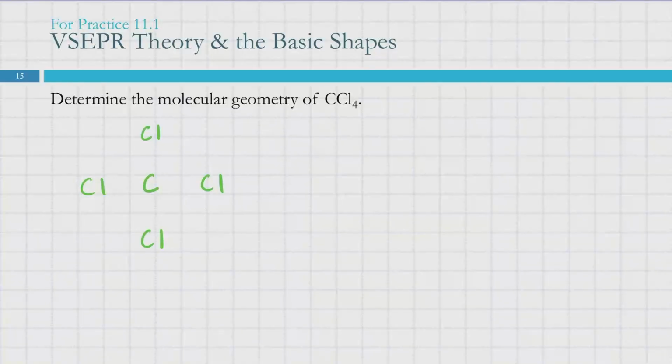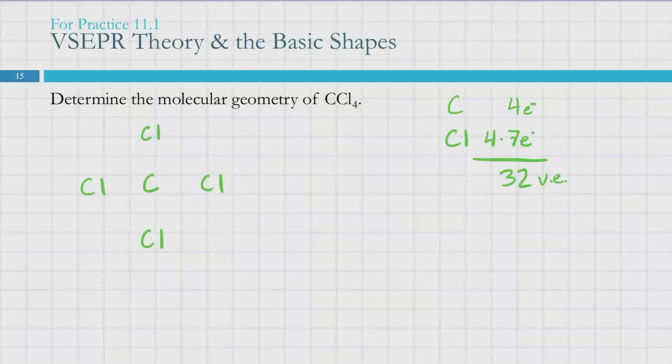To do the Lewis structure, we count up how many of each group we have and how many valence electrons they have. Carbon's going to have 4. Each of our chlorines will have 7, and we've got 4 of them, so that's 28. 28 plus 4 gives us 32 valence electrons.